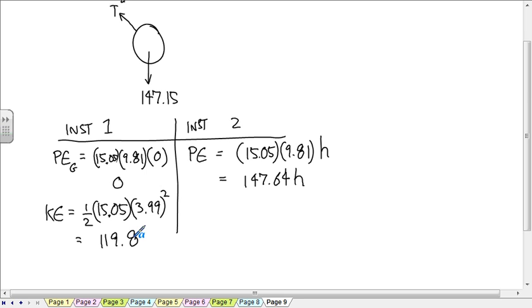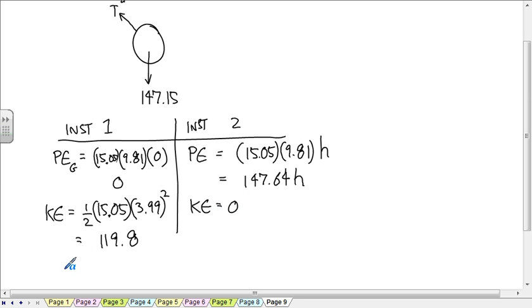And then what's the kinetic energy at the highest point? At the highest point, before it turns around and changes direction, the speed is 0. So 0 kinetic energy.